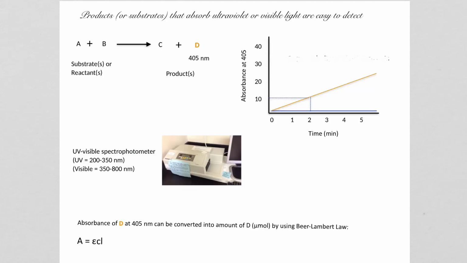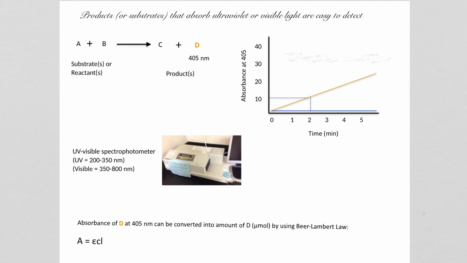One of the most common and easiest ways to follow chemical reactions is if one of the reactants or the products absorb either ultraviolet light or visible light.